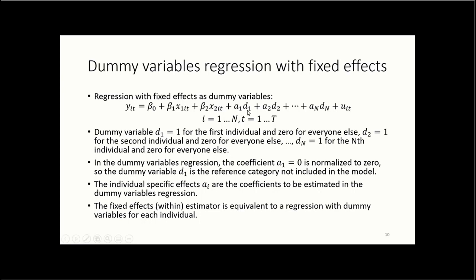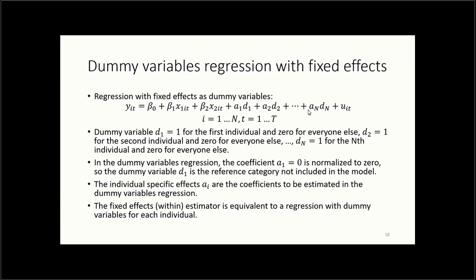When we have dummy variables, we always need to skip one of them and not include it in the model, and it would serve as the reference variable here for the rest of these dummy variables. So here, the individual specific effects would be coefficients that would be estimated in the dummy variables regression.